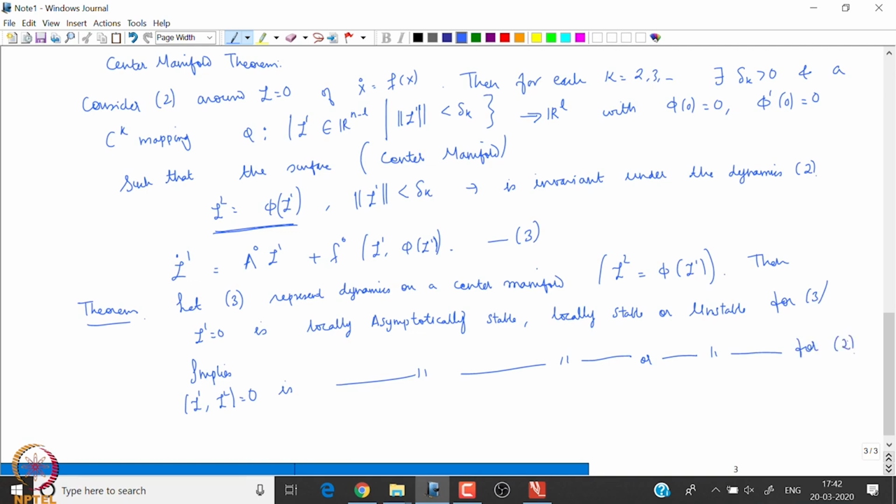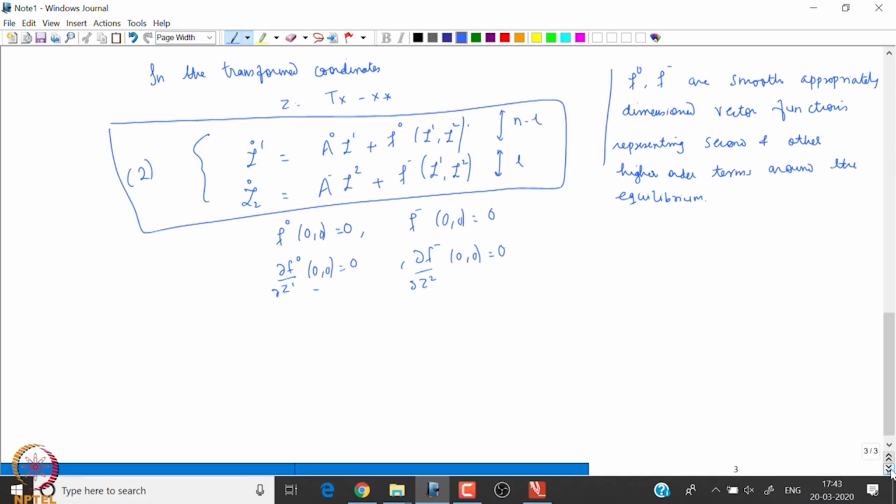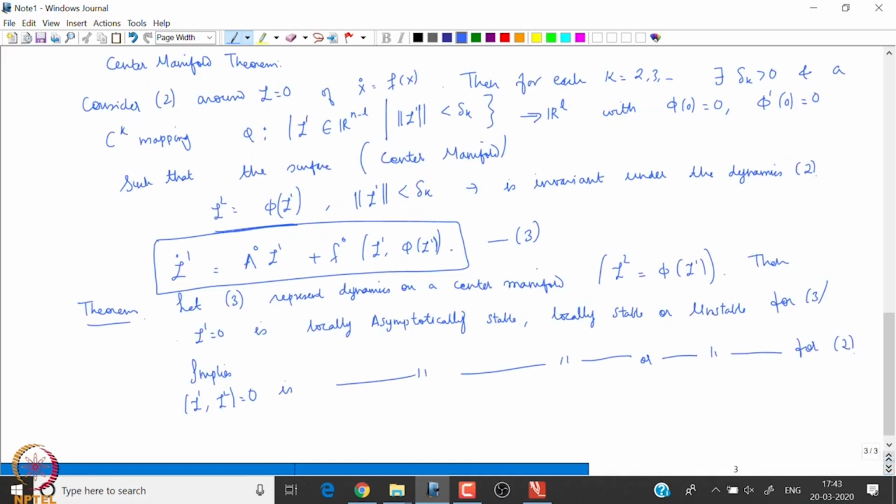Okay. So, I am just looking now at the stability of this equation, right, and if this is stable, then the original system in this transformed coordinates is also stable, asymptotically stable or unstable. Whatever is the property of this system will be translated to the property of the system.